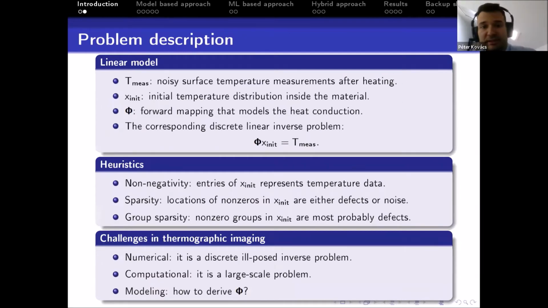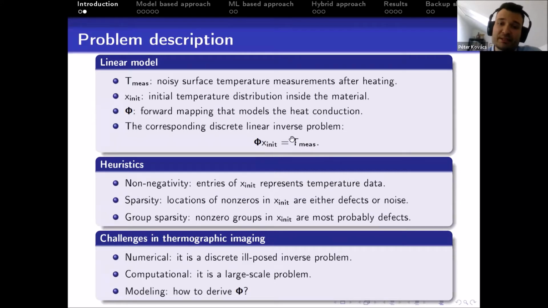Mathematically, this can be formulated as a linear inverse problem, which could be defined by a system of linear equations that you can see in the middle. In this system, phi is a matrix that represents the heat conduction process.